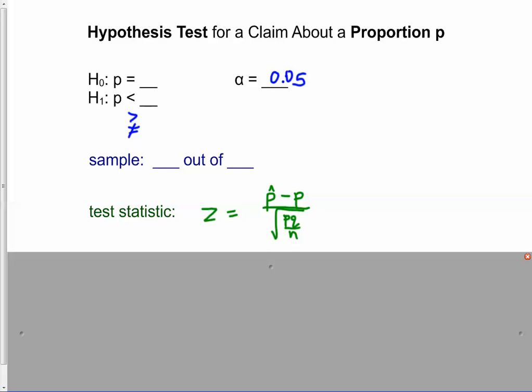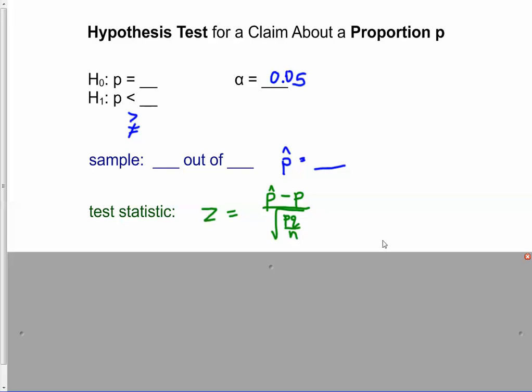Then there's the test statistic. You take your p up here, and you figure out what your sample p is. So p hat. And so you have your p from the null hypothesis and your p hat, and you put that all together here, and you get a z.